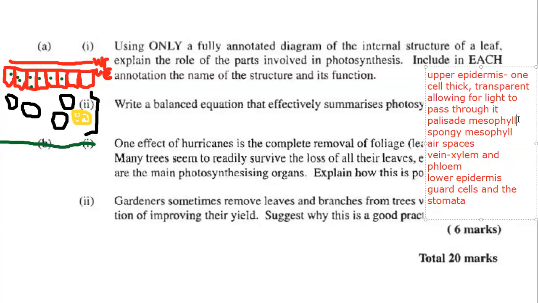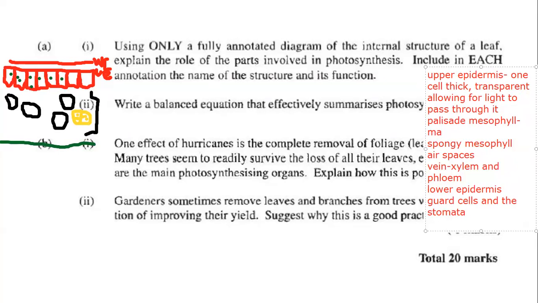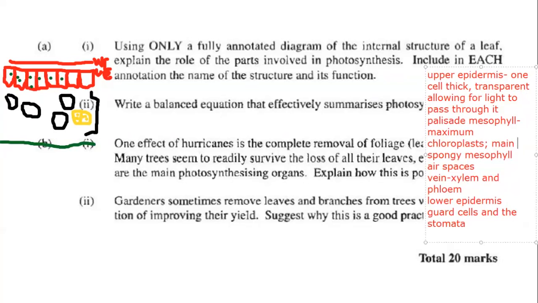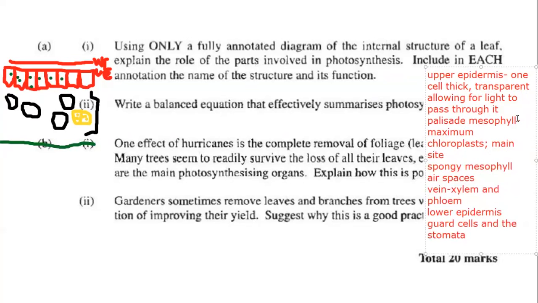The palisade mesophyll has chloroplasts. It's the main site of what? Light absorption and the photosynthetic reactions.